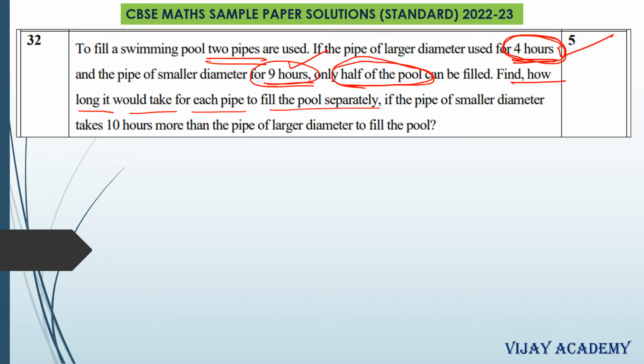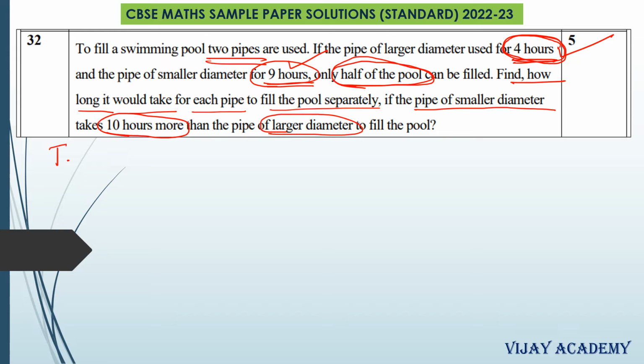So the relation given here is, the pipe of smaller diameter takes 10 hours more than the pipe of larger diameter. So the pipe of smaller diameter will take more time. How much more time? 10 hours more than the pipe of the larger diameter. So first let us take the time taken by the pipe of larger diameter as x hours.